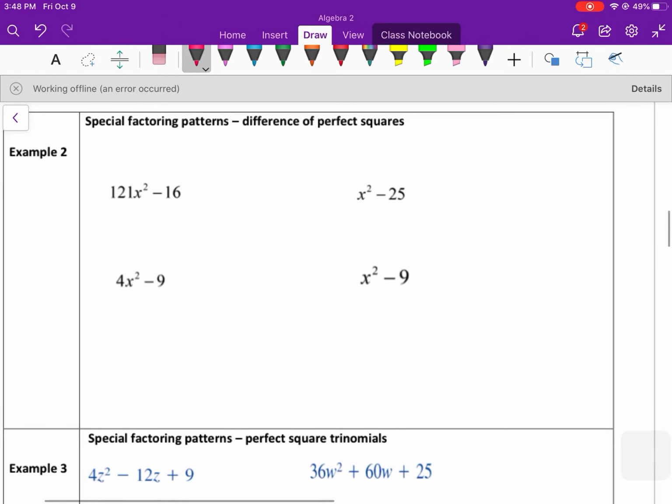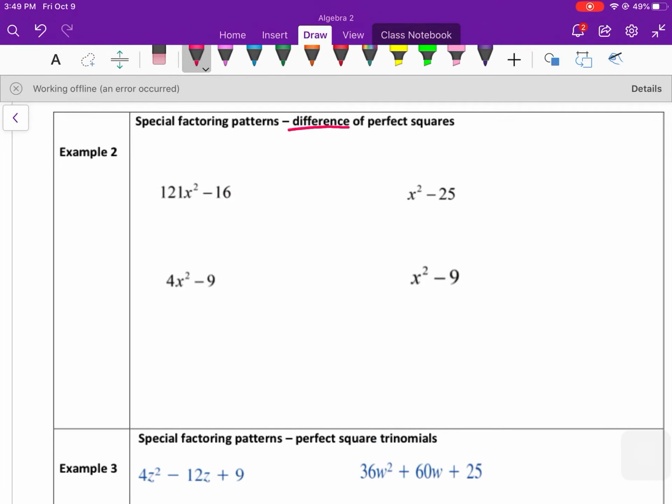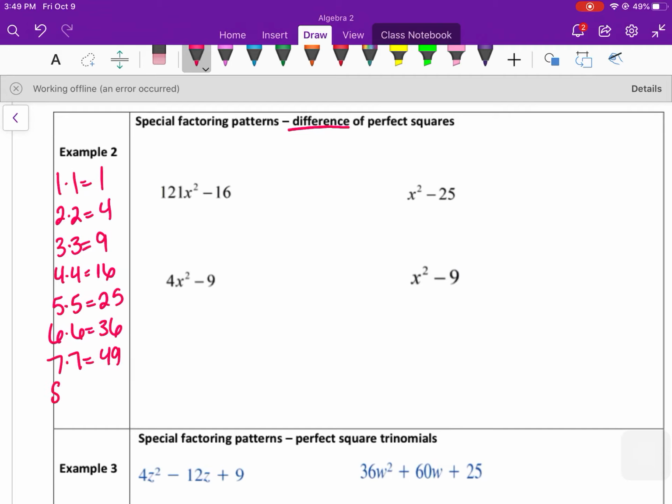We also have special factoring patterns. This one is difference of perfect squares. Difference means subtraction. Perfect squares are x squared, 4, 9, 16, 25, 36, all of those, because 1 times 1 is 1, 2 times 2 is 4, 3 times 3 is 9, 4 times 4 is 16, 5 times 5 is 25, 6 times 6 is 36, 7 times 7 is 49, 8 times 8 is 64.